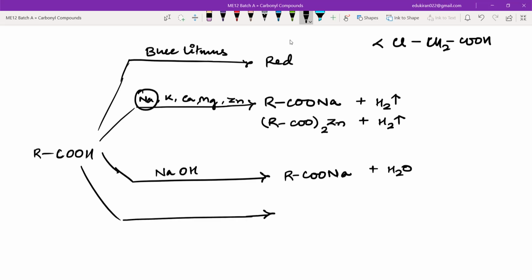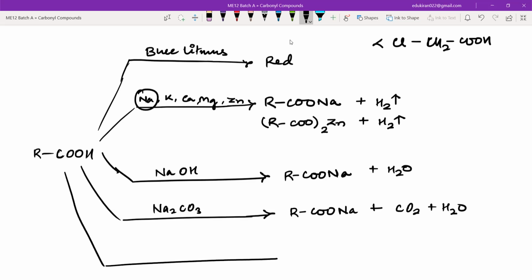Next, it can also react with sodium carbonates and bicarbonates, like two different reactions. So when it reacts with Na2CO3, you are going to make the same molecule, that is RCOONa. But the byproducts will be different. The byproducts in this case will be CO2 and H2O. Furthermore, it can also react with bicarbonate, that is NaHCO3.